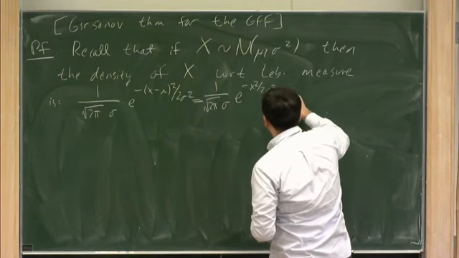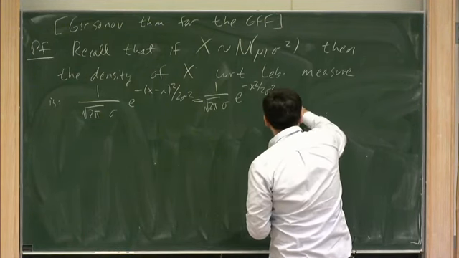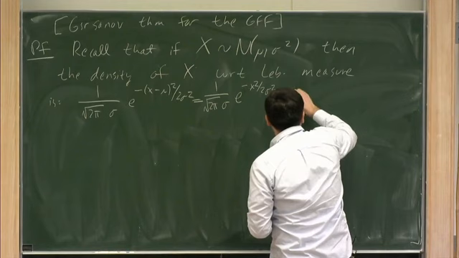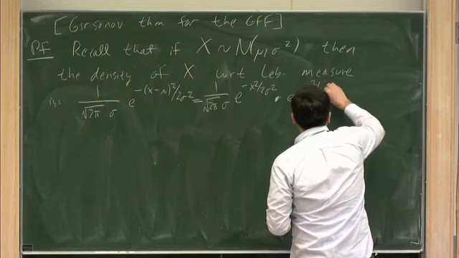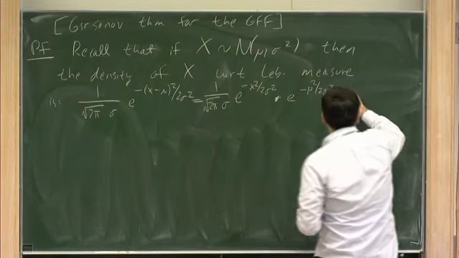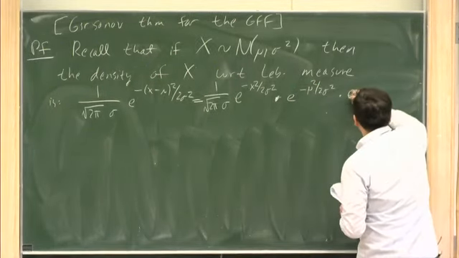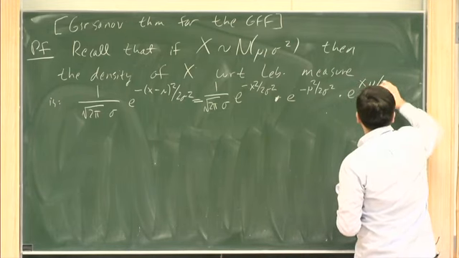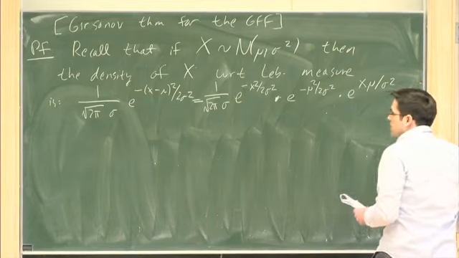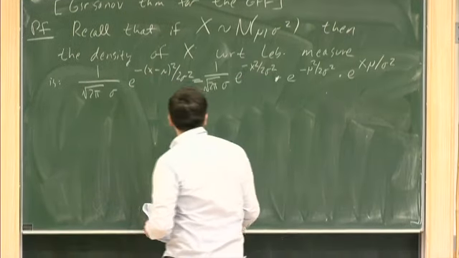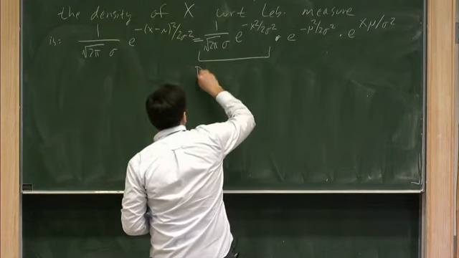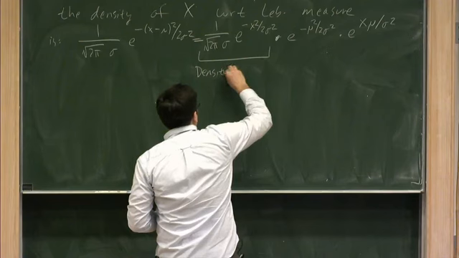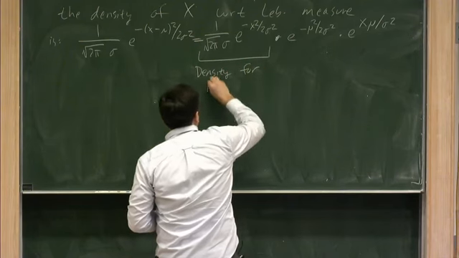And then I also have e to the minus mu squared over 2 sigma squared. And then the final term is just e to the x mu over sigma squared. And this first term here, of course you'll recognize as being the density for normal 0 sigma squared.